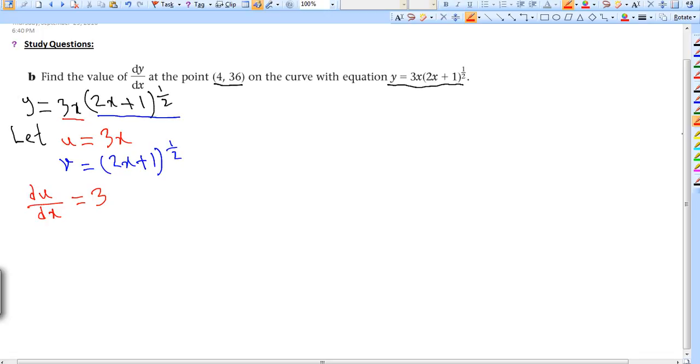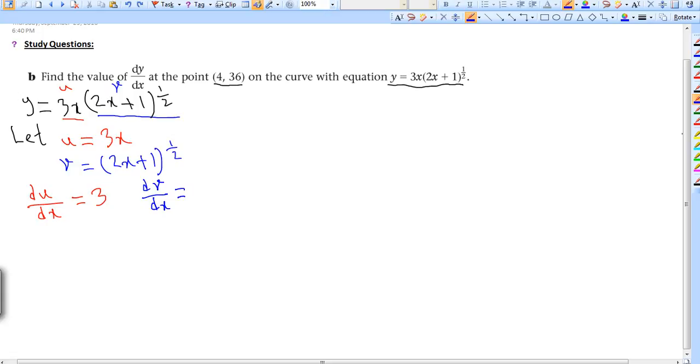The first part is u and the second part is v. And then we have differentiated u with respect to x. Now we are going to differentiate v with respect to x, which will give us dv by dx.